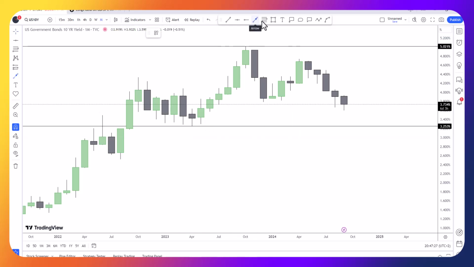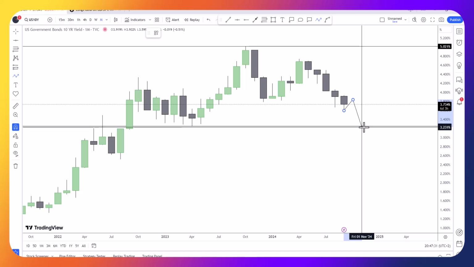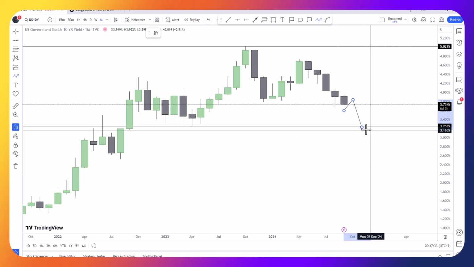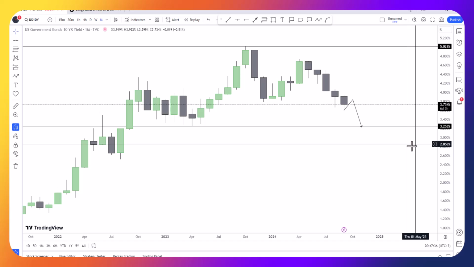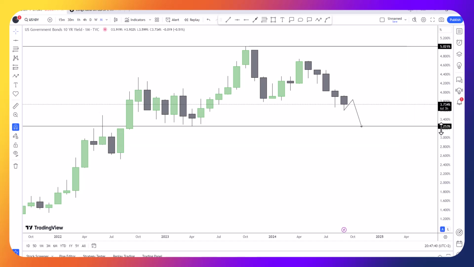But as it is right now, I'm anticipating the market to retest the lows of 2023. So we're looking at the 10-year yields to reach at least 3.25% by end of year or beginning of next year. We should trade below the lows of 2023, right?